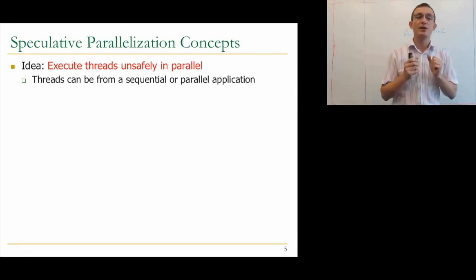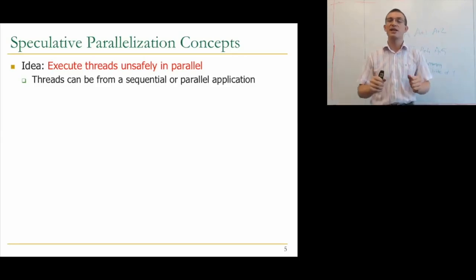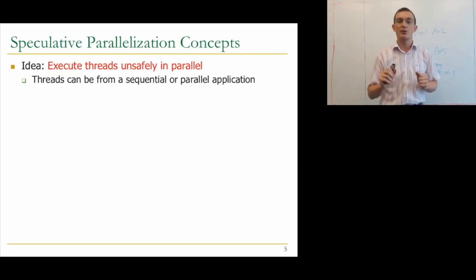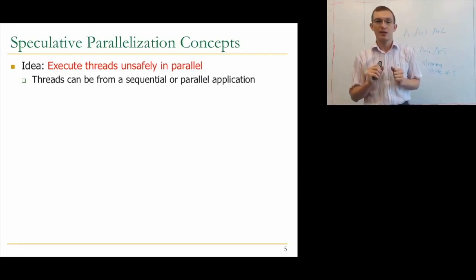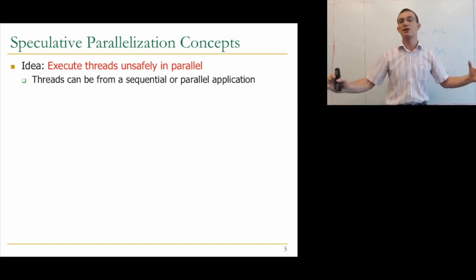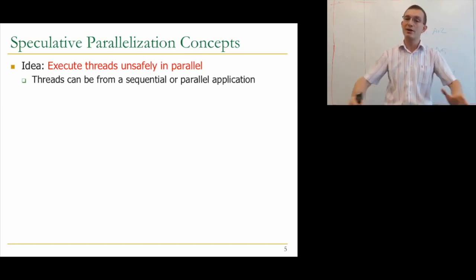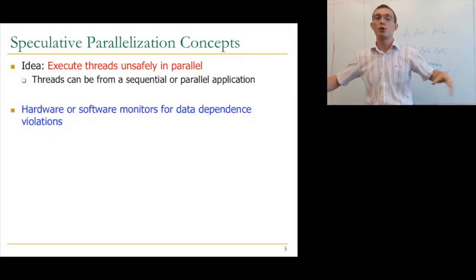To be able to do that, we would like to execute threads unsafely in parallel. Unsafely meaning we do not know whether or not we should be executing threads in parallel. Threads can be from a sequential or a parallel application. This is the most general form of speculative parallelization.